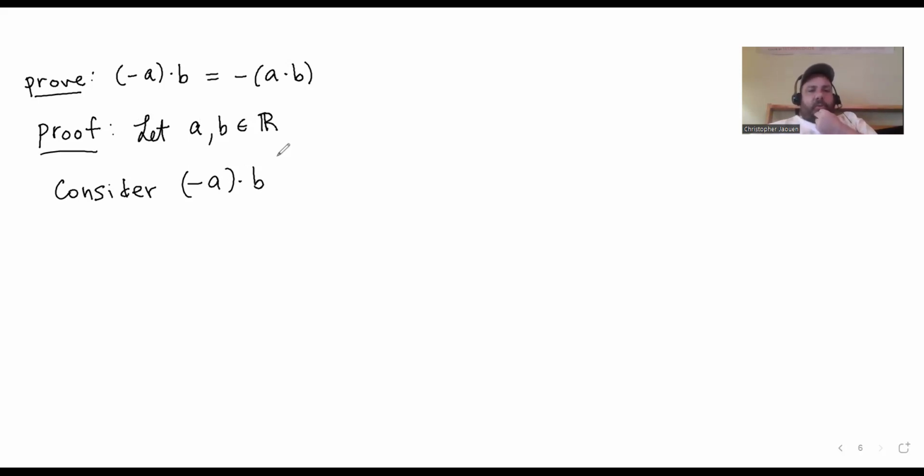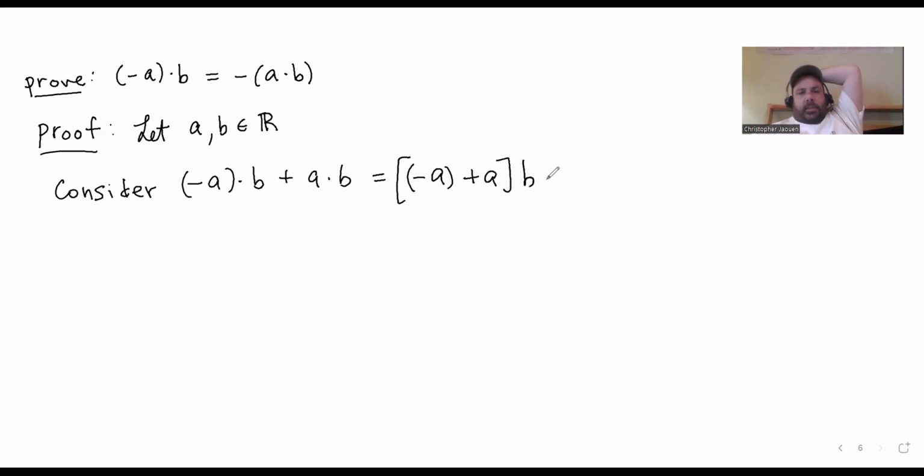So what I'm going to do is add a times b to it and see if I get 0. Right, and here I can notice by the distributive law, I can factor out b from both of the terms. And remember that negative a plus a is 0. And we know that 0 times anything is 0.